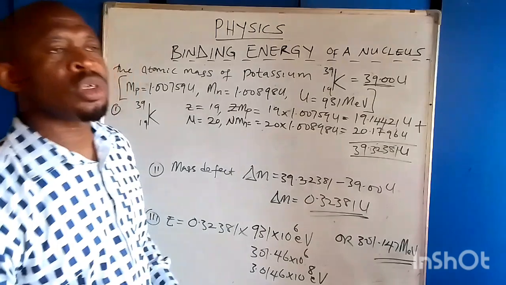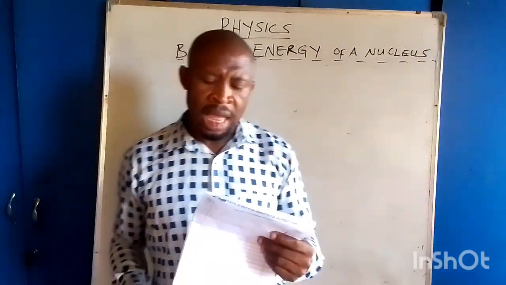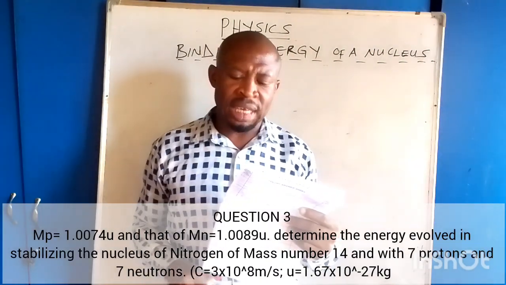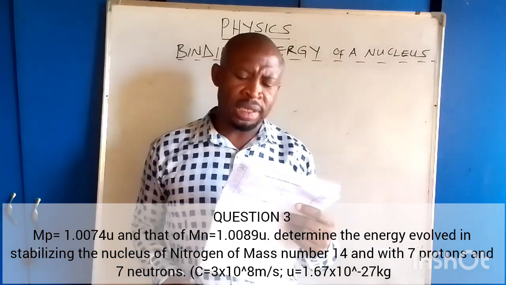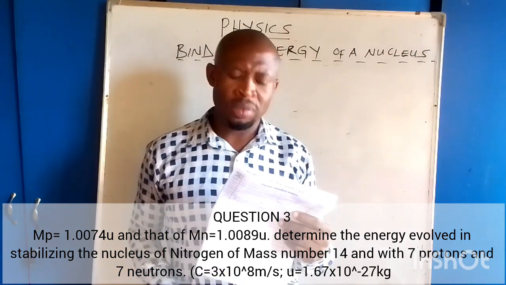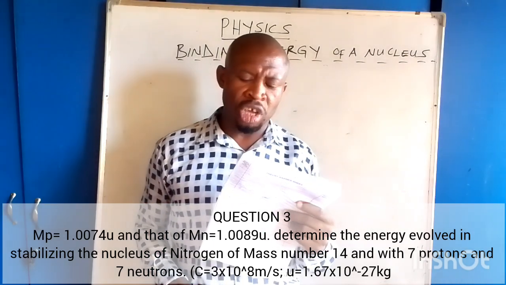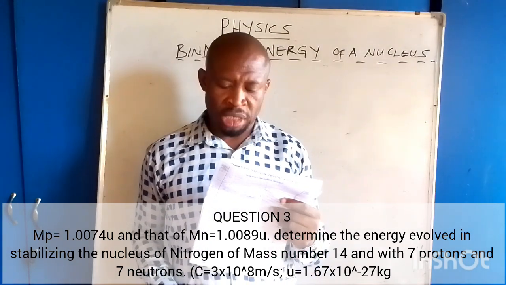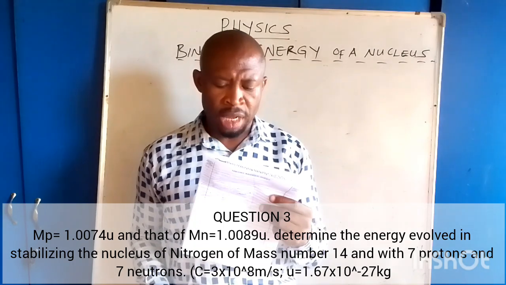Okay, we still take another question. This one says mass of proton is 1.0074 U and that of neutron is 1.0089 U. Determine the energy involved in stabilizing the nucleus of nitrogen of mass number 14 with 7 protons and 7 neutrons.